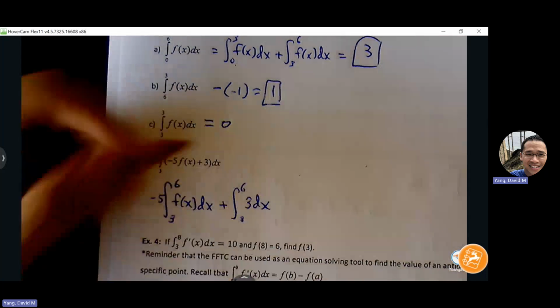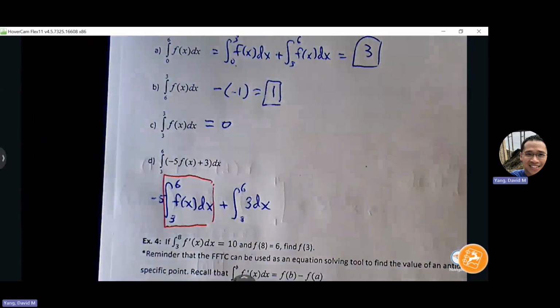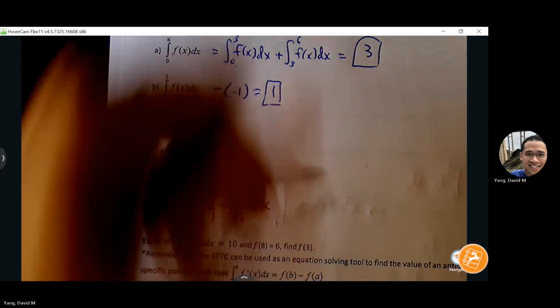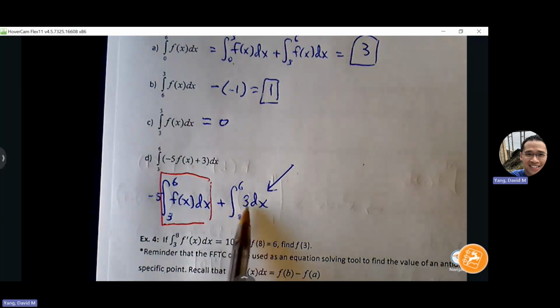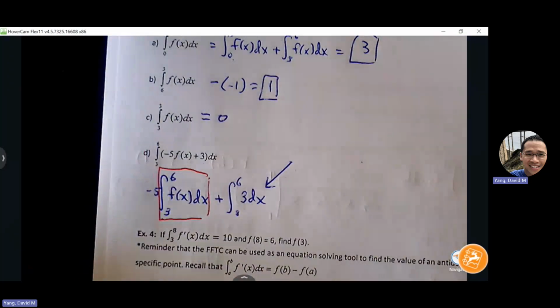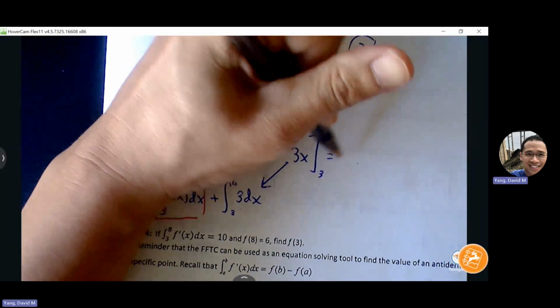So I pulled the -5 out to show that I can just make a substitution with this. The integral from 3 to 6 is simply going to be -1. So that's -5 times -1. And this, I can step to the side and go through its own process, right? Let's find the antiderivative first. 3 becomes 3x. And then we can evaluate the bounds. Upper bound first.